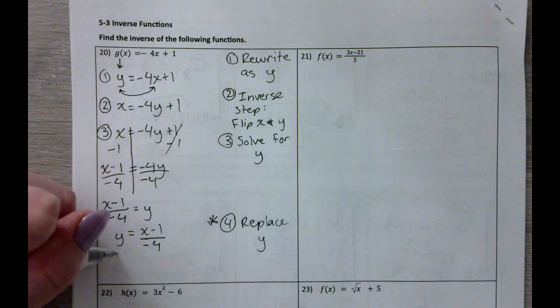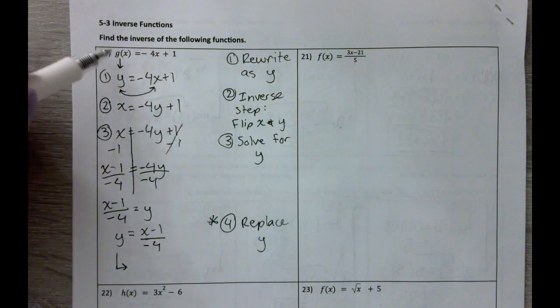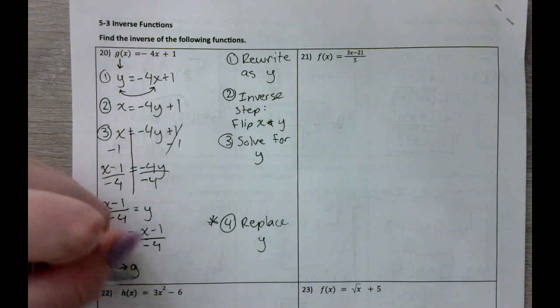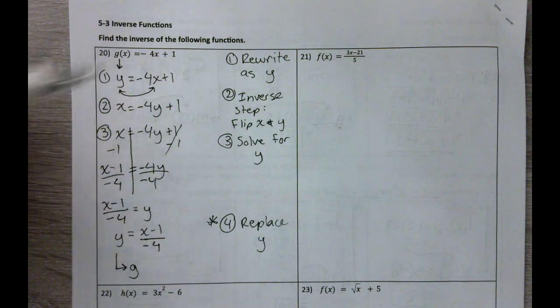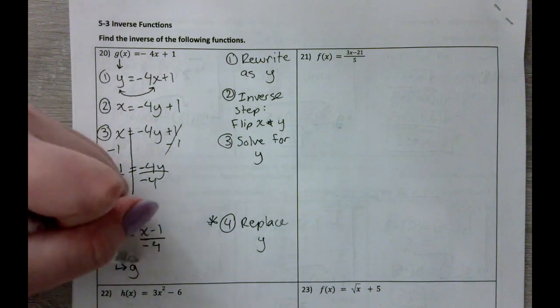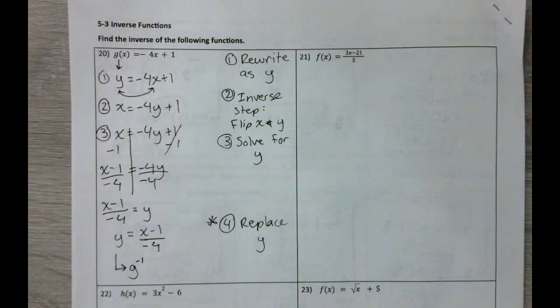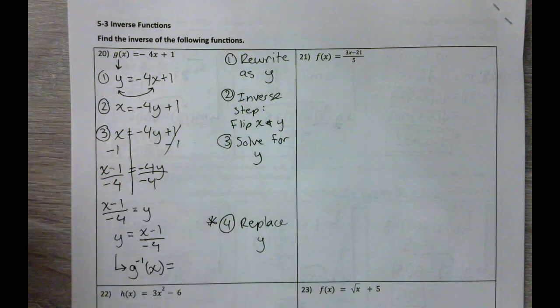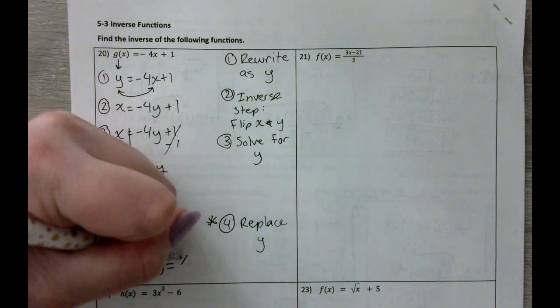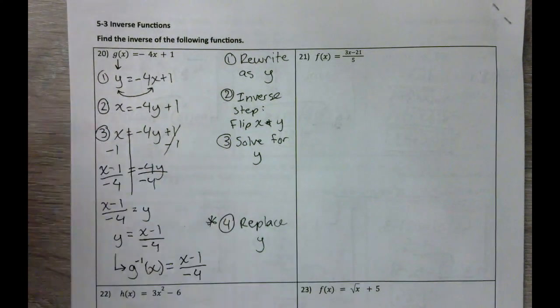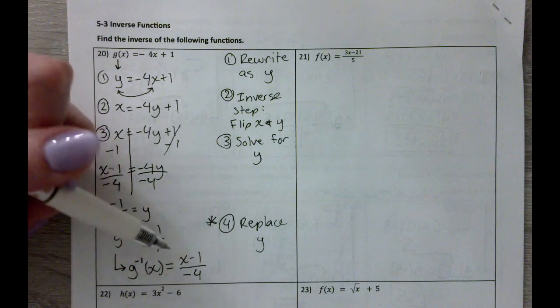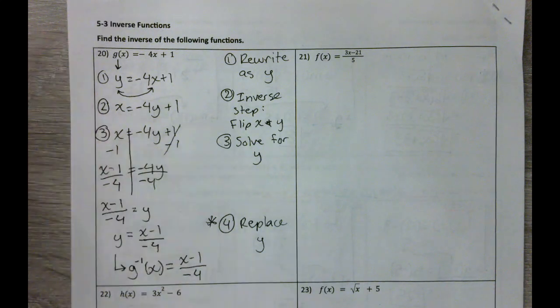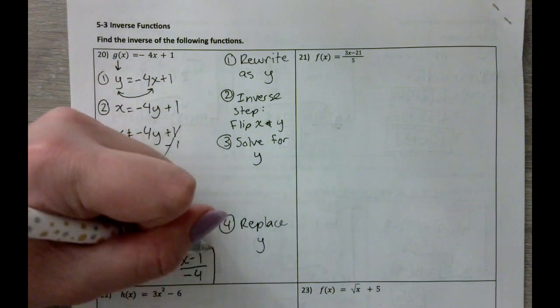So we want to replace y with whatever letter we started with. We started with g. Now remember, this is now the inverse of g. That's what we found. So we need to use that negative 1 in the notation of x equals, and then just whatever you got, x minus 1 over negative 4. You can break this fraction down further if you want, or you can leave it. They are both correct.